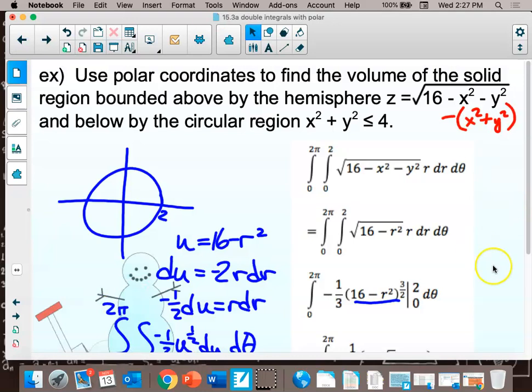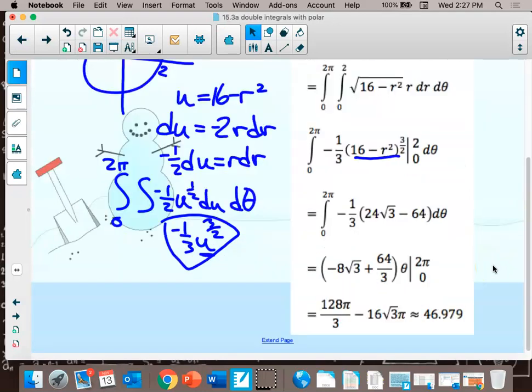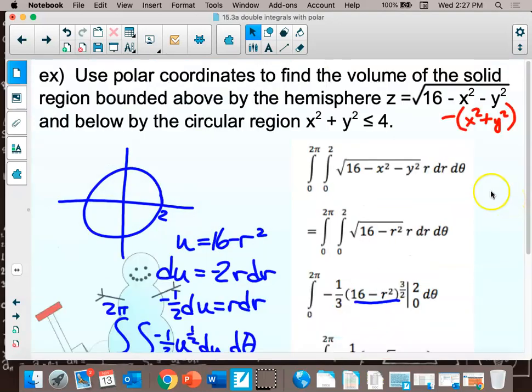By the way, this was a hemisphere. If this is a hemisphere bounded by this region, then if you square both sides, you get x squared plus y squared plus z squared equals 16. It's a hemisphere of radius 4, except it's only in this circular region.